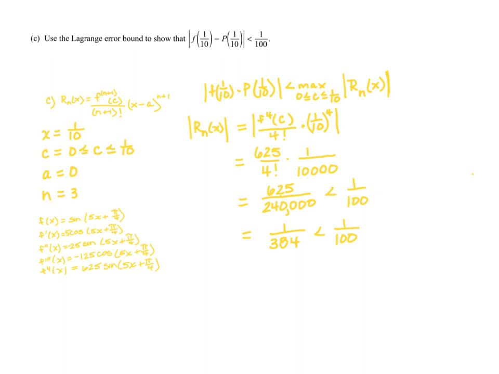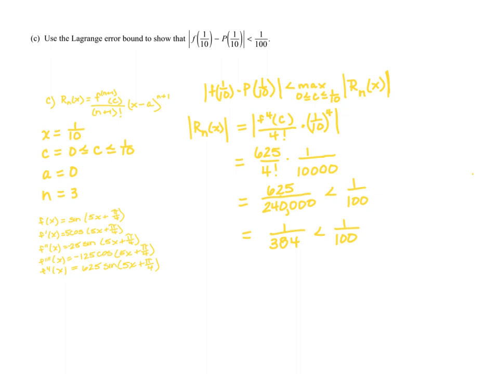They also call that the remainder, and the formula is in the book, so I went ahead and copied that there for you. So you can see what that is. And then I just listed my values for X, C, A, and N. Now, the book uses those variables. Other places will use different variables, but X is whatever you're plugging in.